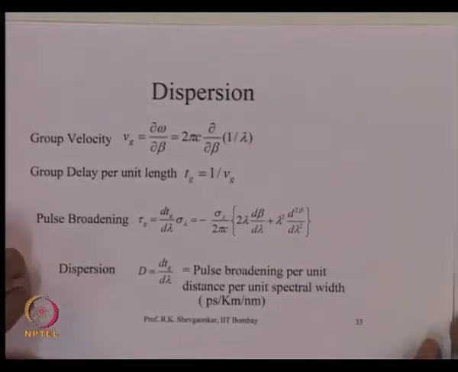With this basic formulation, we can now go and try to quantitatively find out the dispersion coming from different components: intrinsically, from medium properties, and from the modal properties of the optical fiber.